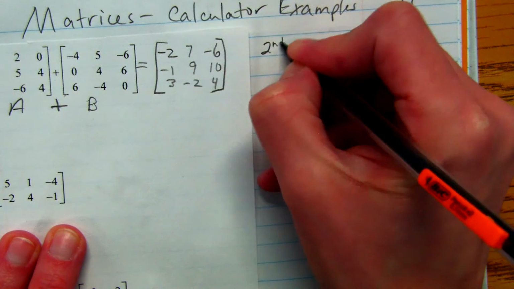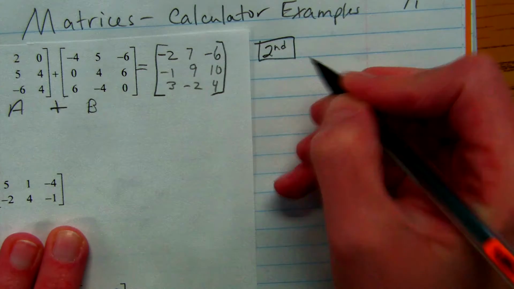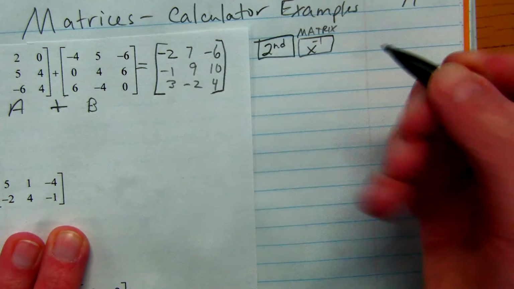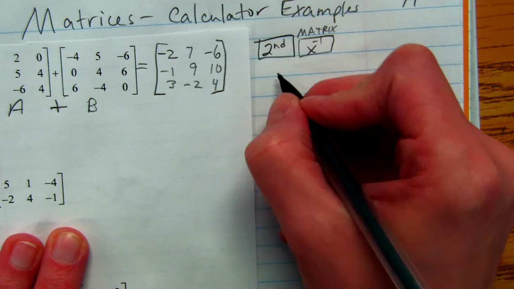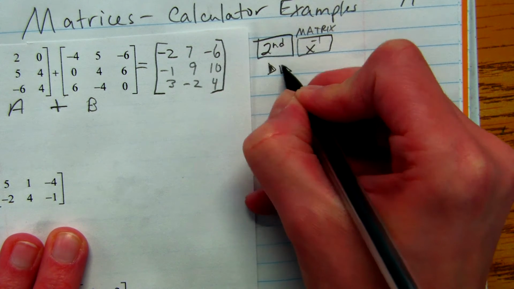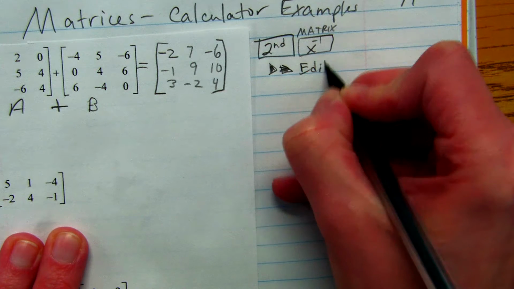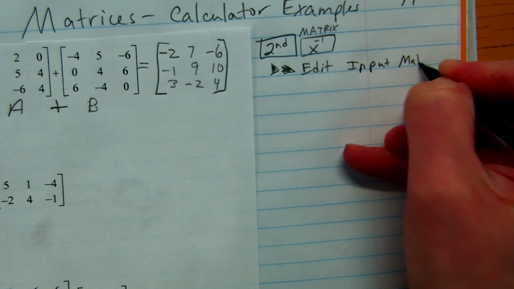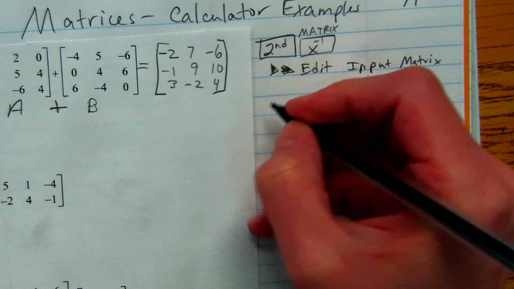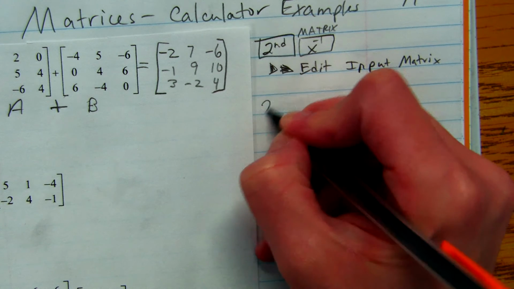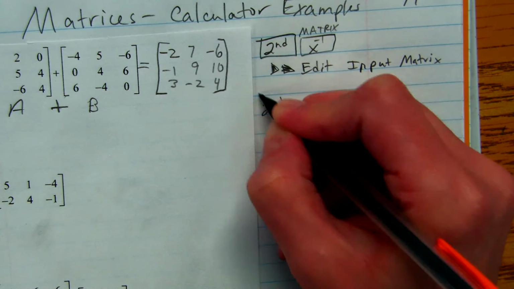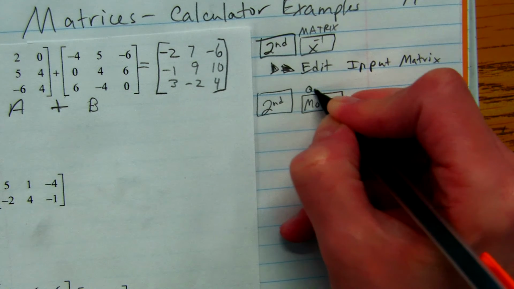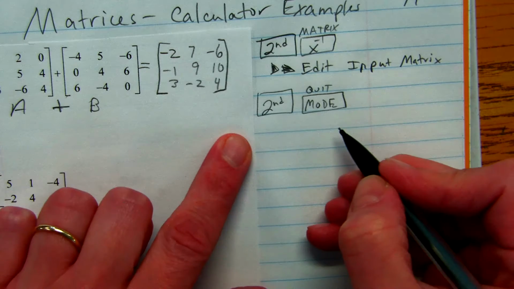So you're going to hit the second key, and then it's that little X and -1 button that says matrix above it. And then we right arrowed twice to edit, and then you input your matrix. And then to do the calculations, you're going to go to second, and then the mode key, which takes you to quit, and then you copy and paste.